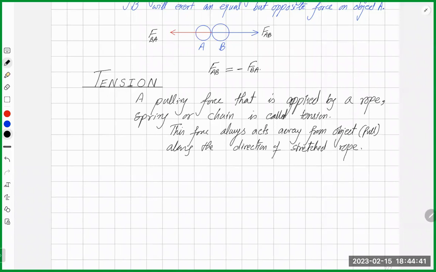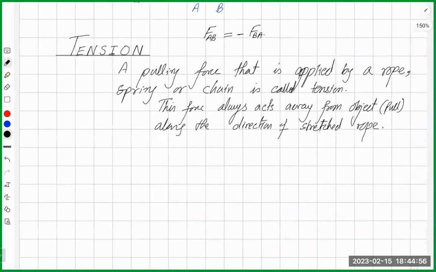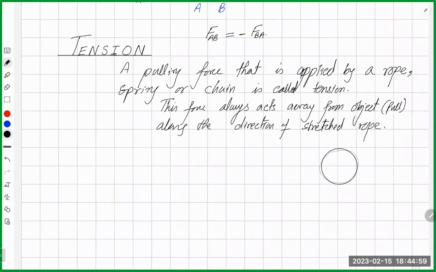Now stay with me. Tension always acts away from an object along the direction of the rope. For example, there is this object and here you are. Now you are pulling this object towards you.